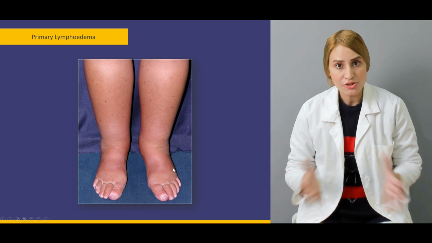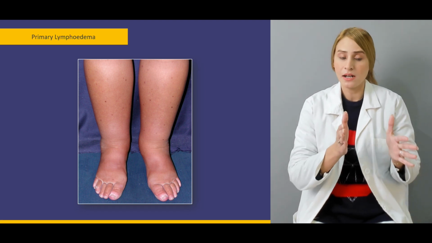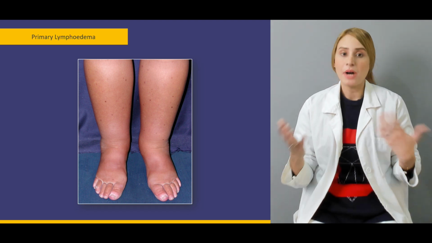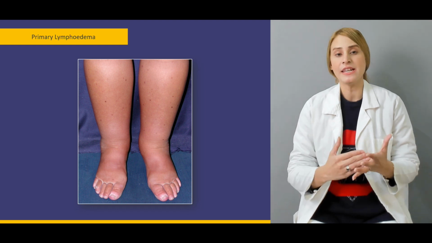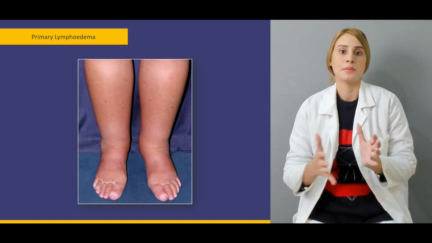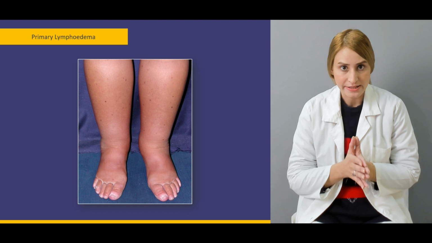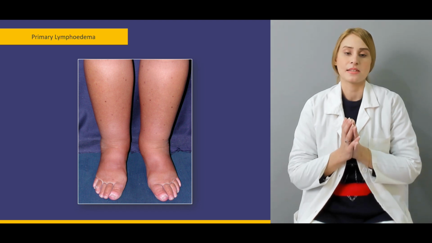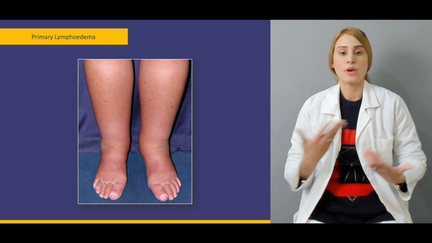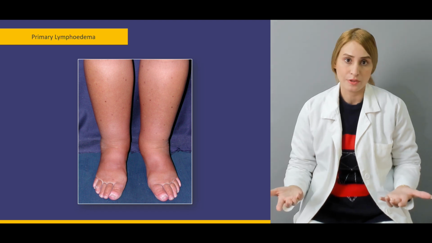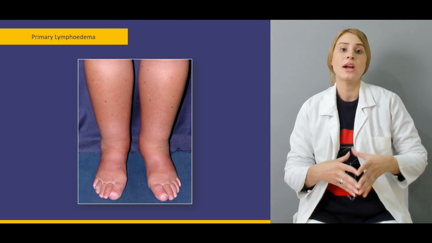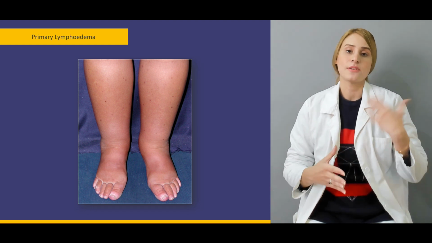Sometimes it can be unilateral and sometimes bilateral, but specifically, the cause behind primary lymphedema is either unknown, or it is usually considered to be congenital hypoplasia or dysplasia of the lymphatic system. At times, the patient may present early, right after birth or within 2 years of birth. And sometimes it may take a lot of time, and the patient may report to you in their late 30s or late 40s.